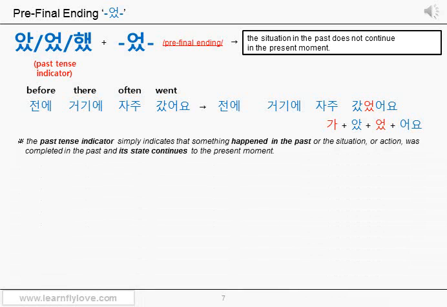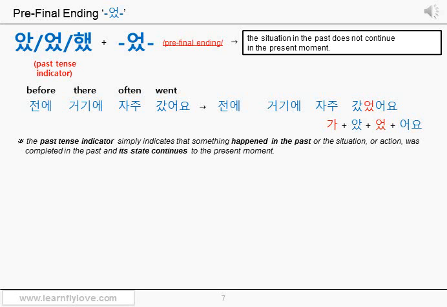Please listen carefully. In Korean, the past tense indicator simply indicates that something happened in the past, or the situation or action was completed in the past and its state continues to the present moment. Let's not think about the its state continues to the present moment part for now. The first sentence, 전에 거기에 자주 갔어요, without the pre-final ending 었, simply indicates the past. You went there often.